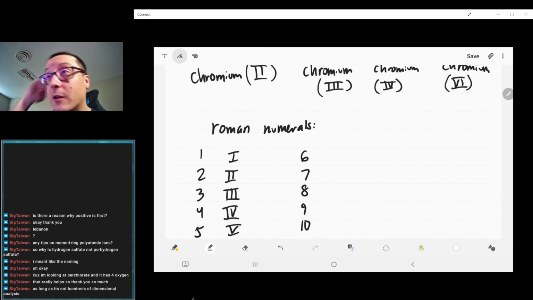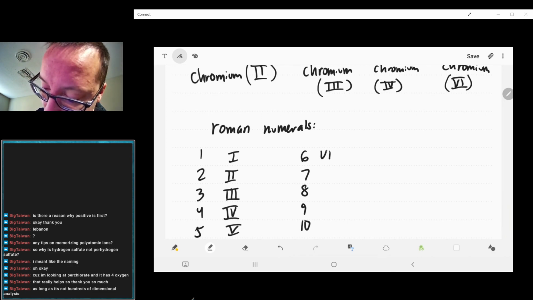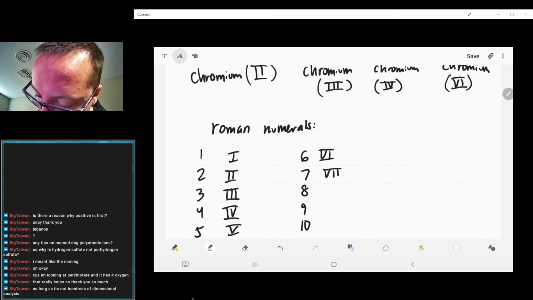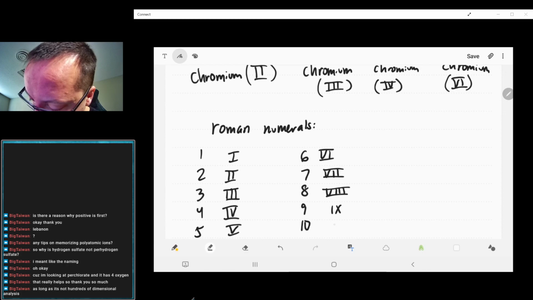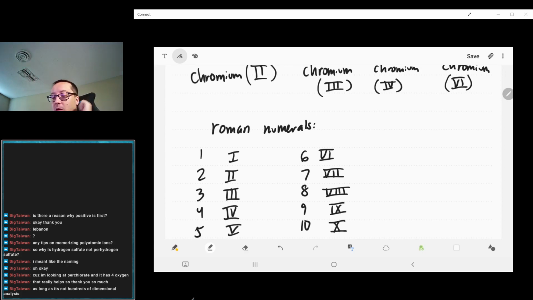We don't really, there's a couple that we see that are above that. We don't typically see 9 and 10, but there they are. So just in case you've forgotten your Roman numerals, that's what those would be.